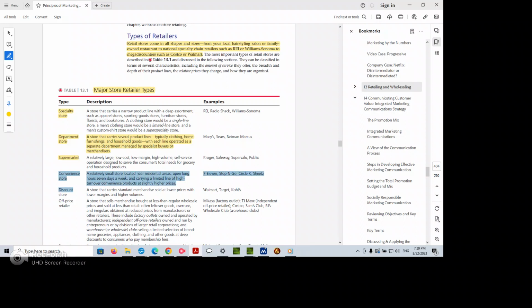Now, for convenience stores, the one I was talking about earlier, it's a relatively small store located near residential areas, open long hours, 7 days a week, and carrying a limited line of high turnover convenience products at a slightly higher price. Why? Because it's more conveniently located.